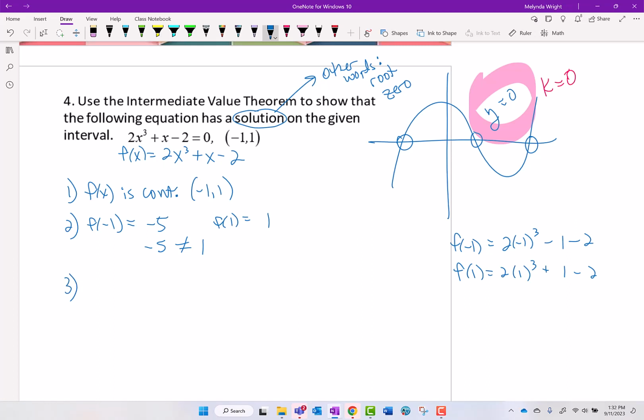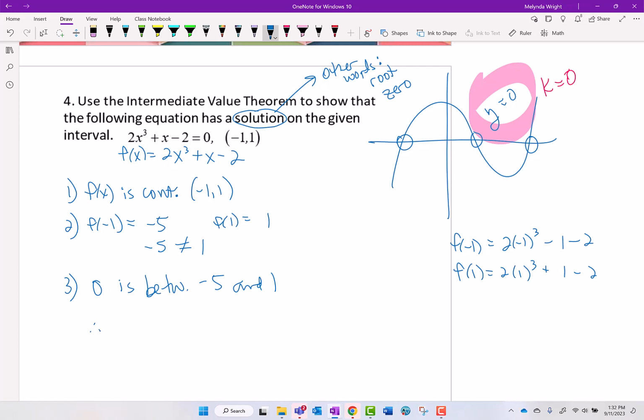All right, step 3. K has to be between negative 5 and 1. Is 0 between negative 5 and 1? Yes. So 0 is between, and you can abbreviate between, negative 5 and 1. Or again, you can write it as an inequality if you would like. So since those three things are true, therefore, we're going to use the word they did.